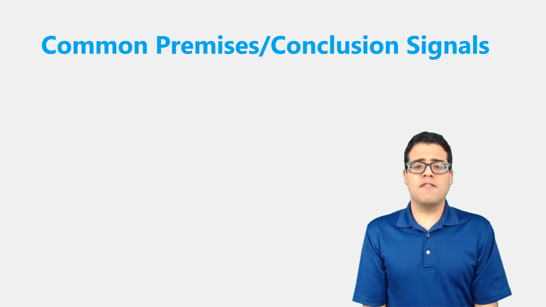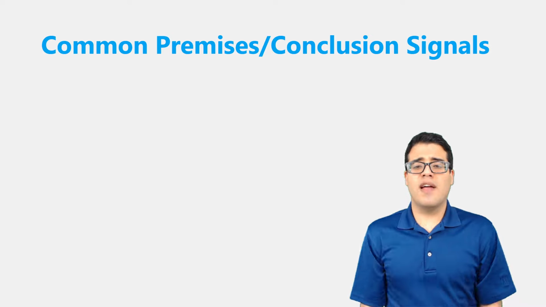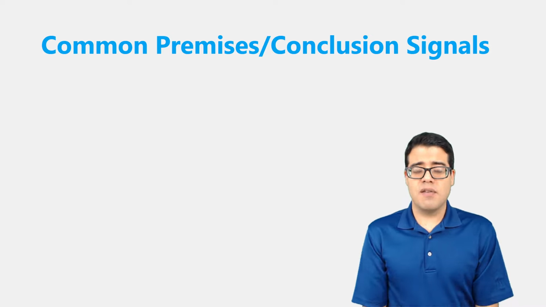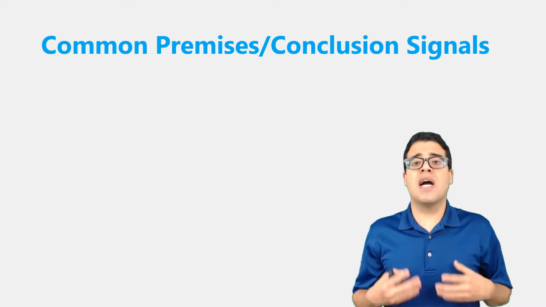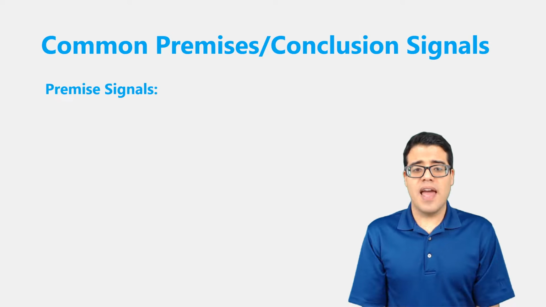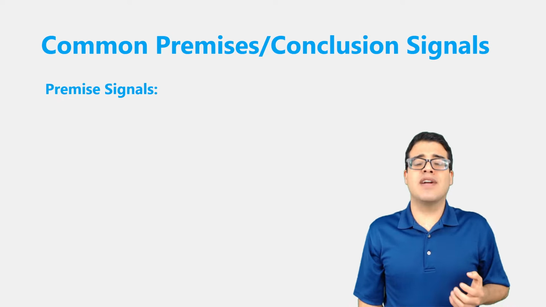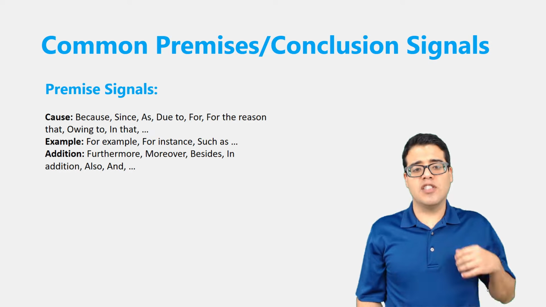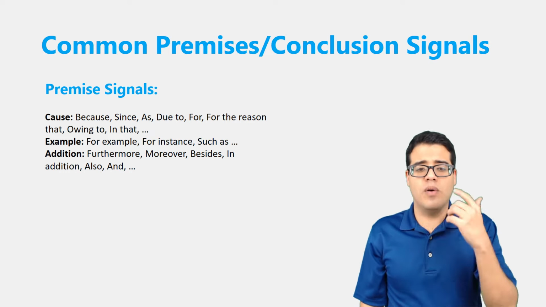So, how do you identify a premise? How do you identify a conclusion in an argument? Remember that arguments are the most common stimulus. And usually you have a premise signal such as cause, example, or addition.